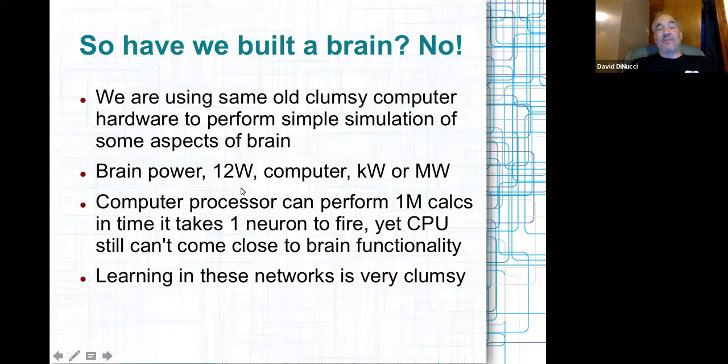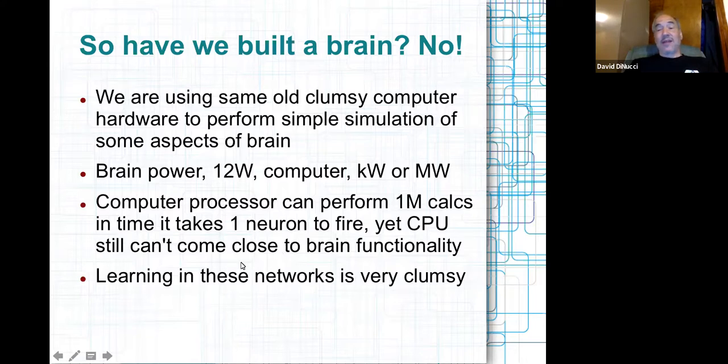The brain takes about 12 watts of power to run. One of these exascale computers can take megawatts of power to run. A computer processor, like I said, performs 1 million calculations in the time it takes one neuron to fire, yet a CPU can't come anywhere close to what the brain is doing.